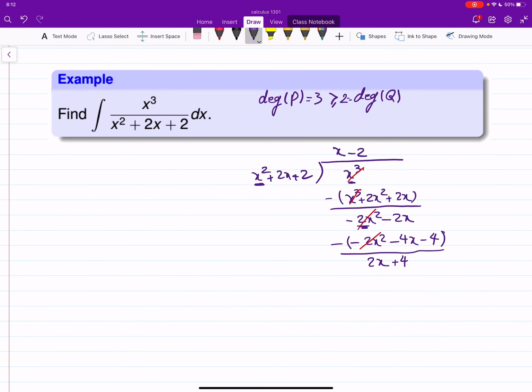Okay, so here what we did was that we wrote x cubed over x squared plus 2x plus 2 as Sx, x minus 2 plus the remainder 2x plus 4 over q.